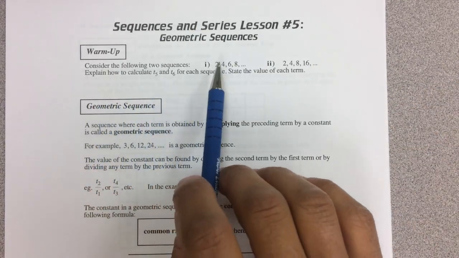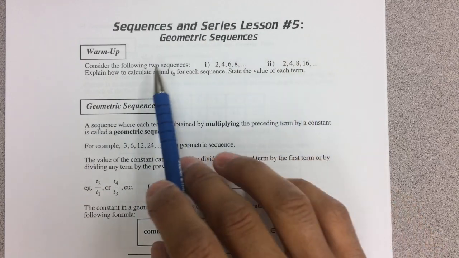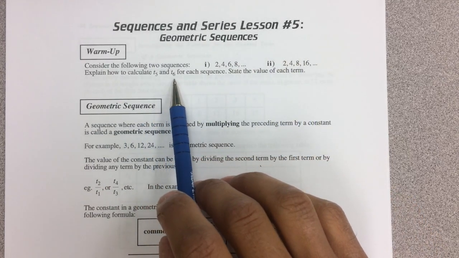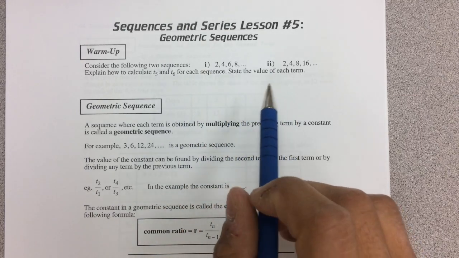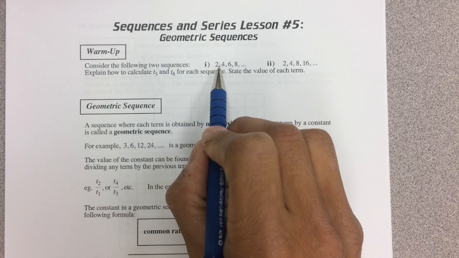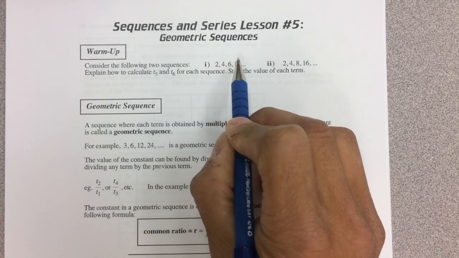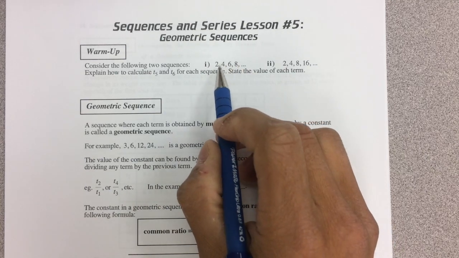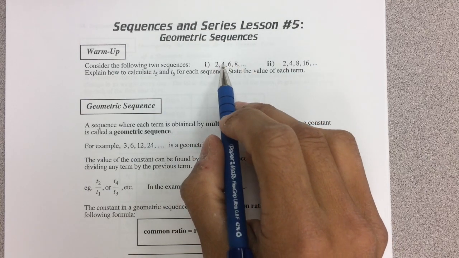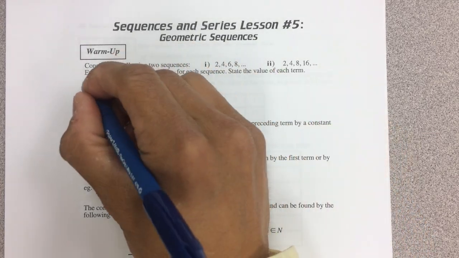Consider the following two sequences: 2, 4, 6, 8, and 2, 4, 8, 16. Explain how to calculate T5 and T6 for each sequence and state the value of each term. Starting with 2, 4, 6, 8, we have term 1, term 2, term 3, and term 4. If I want to find term 5, I have to find out what each term changes by.